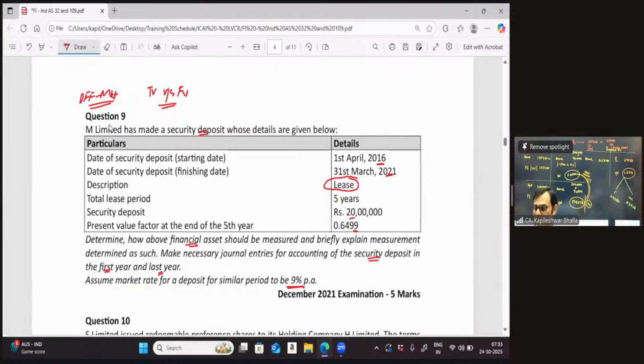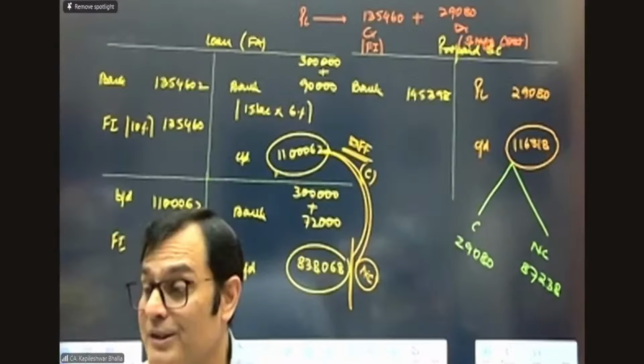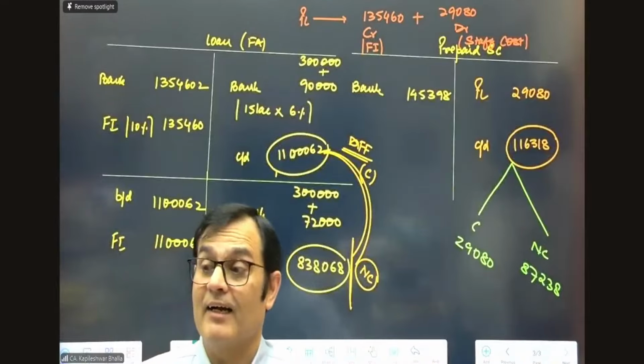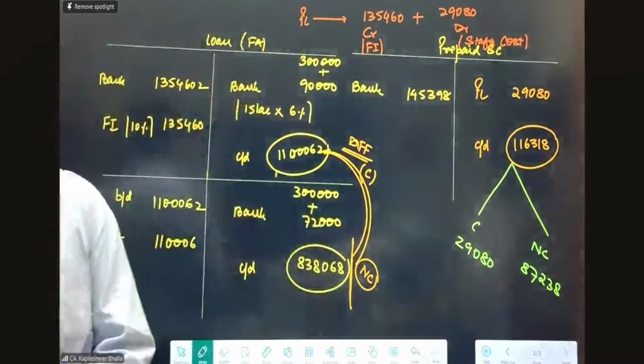Again, reading the requirements quickly: how the financial asset is measured and briefly explain the measurement as such. Okay, so my question still remains. You need to tell me how you are going to account for the difference between the transaction value and the fair value arising out of this security deposit for a lease transaction. I am still waiting for your inputs on that.